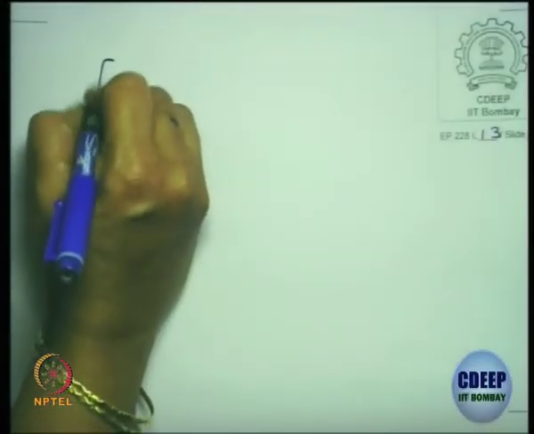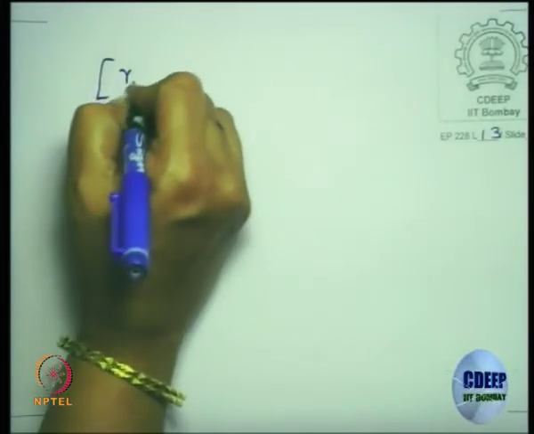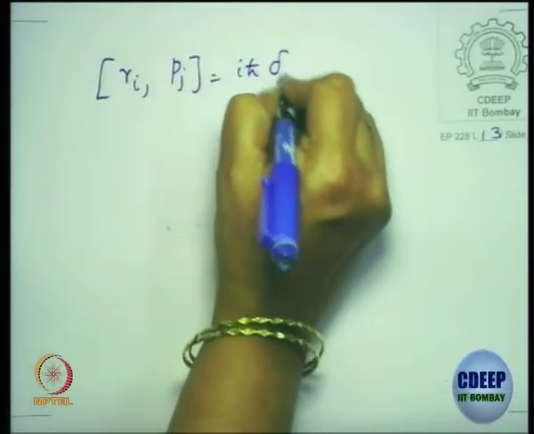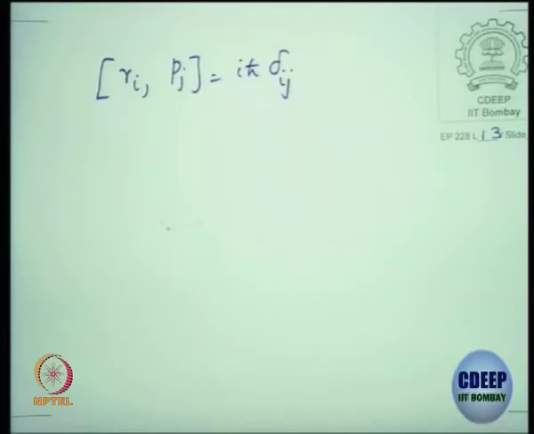We had this postulate [r_i, p_j] = i h-cross delta_ij. In one dimension I wrote this identity, but you can rewrite it this way.